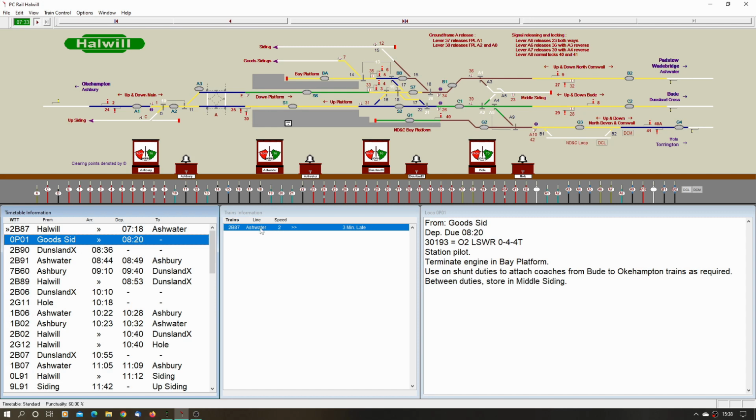Actually showing the Ashwater stop on this train's information. Obviously it's sent out a section. It shows the train has stopped at the station, and then it's obviously leaving the station there.